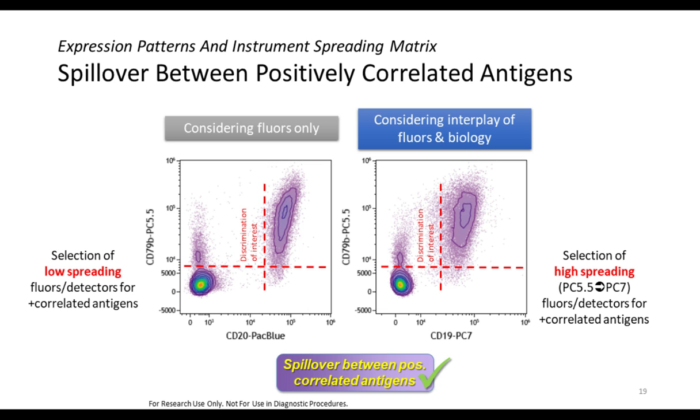On the left, again, just considering the fluorochrome characteristics, we have chosen two fluorochromes that have no spillover or very low spillover spreading effects regarding each other's detectors. And on the right, we have, in contrast to that, used fluorochromes that have considerable spreading effects.